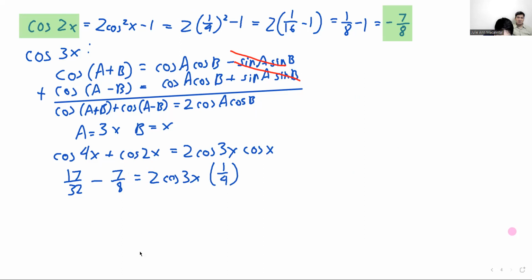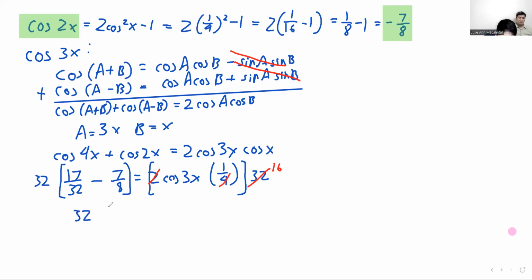Maybe if we multiply this by 32, this will become 16.